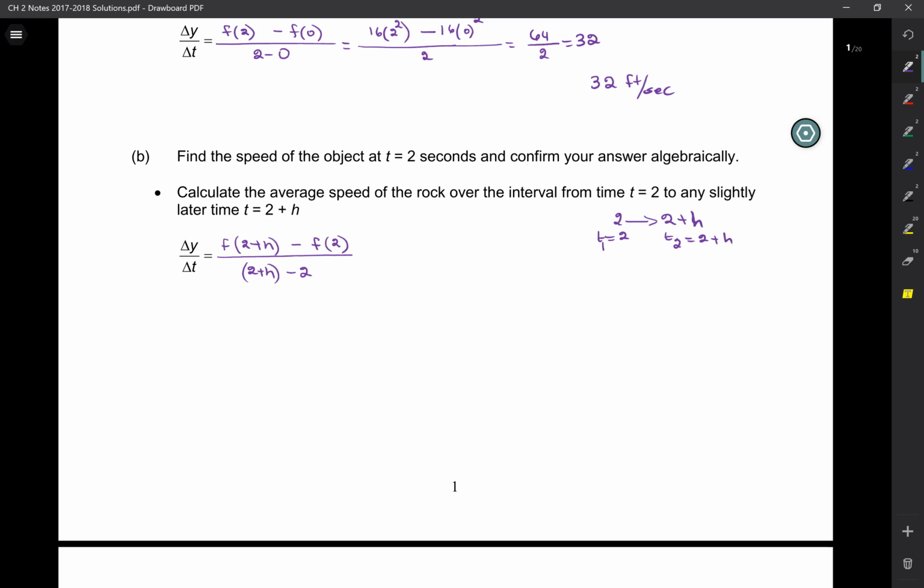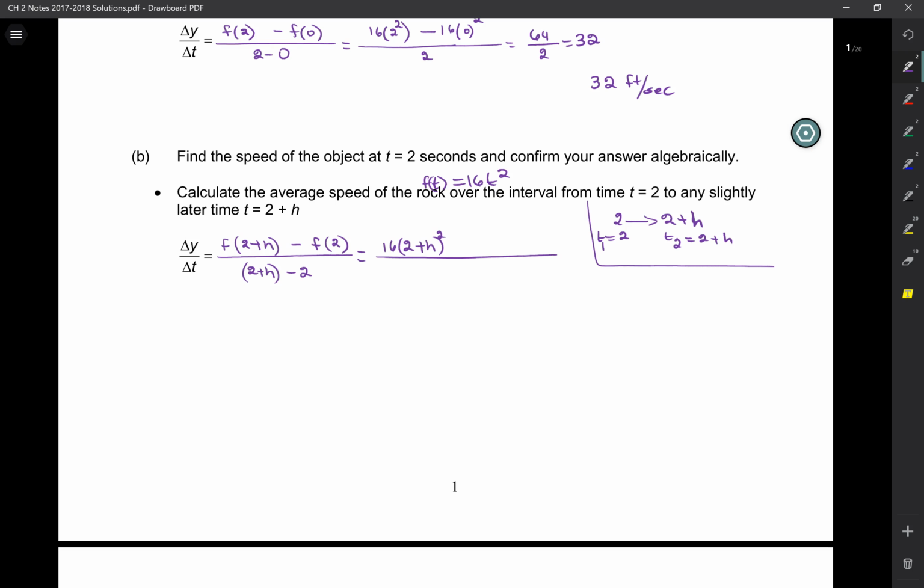Okay, so now f of 2 plus h. What was f of t? 16t squared. So now, what is f of 2 plus h? It's 16 times 2 plus h squared. Does that make sense? Right?